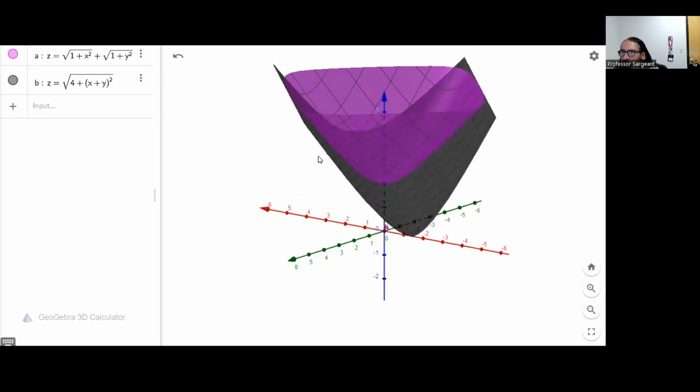It does seem like this may be the case, that the first one, where we have the sum of those two square roots, is greater than or equal to, but we're also looking at a limited window, so perhaps what we see in purple here might go below later on. Hard to tell. It's a lot more than I checked with arithmetic originally. Let's also try one other thing here.